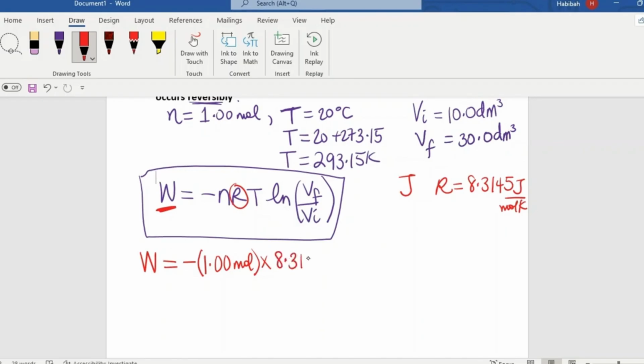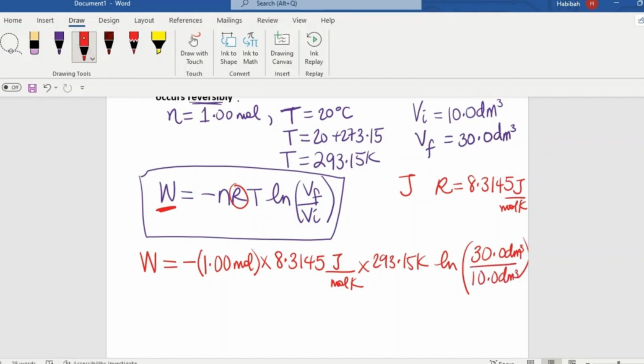So that'll be 8.3145 joules per mole Kelvin times the temperature, 293.15 Kelvin, and then ln V final divided by V initial. That'll be 30.0 dm cubed divided by 10.0 dm cubed. So you cancel out the dm cubed, cancel out the 10s, and that would be 3 over here.